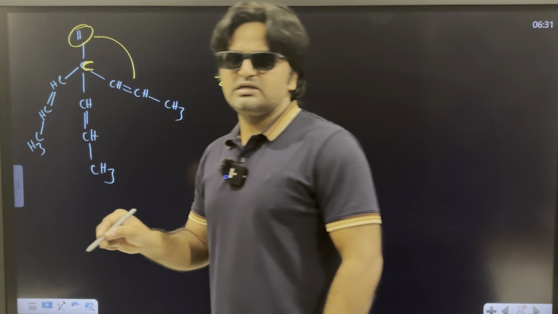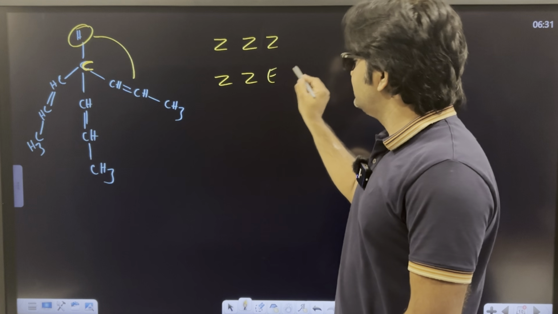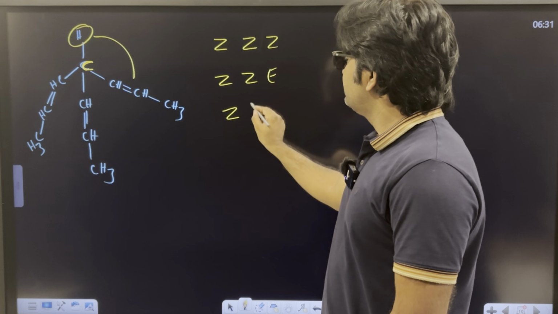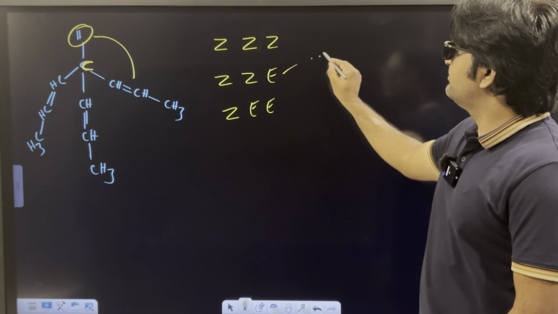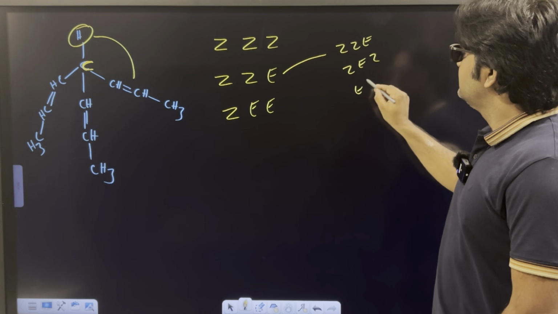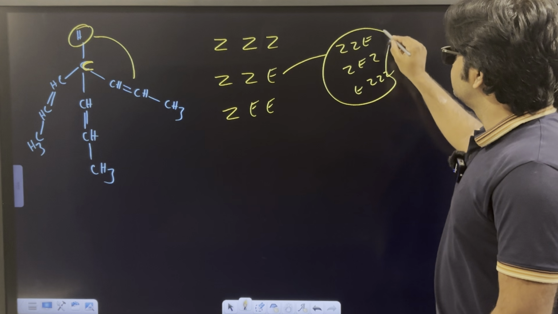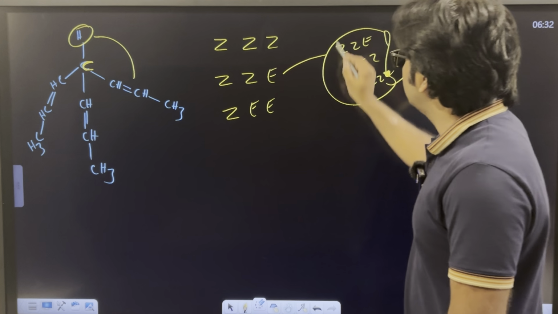Three double bonds are given. We can write like this: Z, Z, Z; Z, Z, E; next one, Z, E, E. Don't get confused from here. Z, Z, E, Z, E, Z, E, Z, Z, all are the same. That's why I am writing only one time.